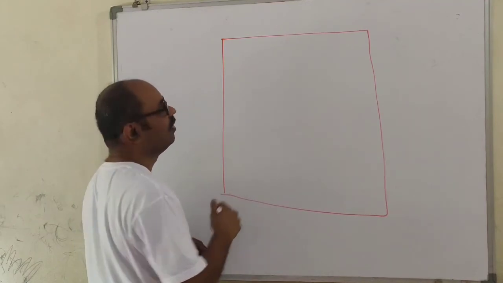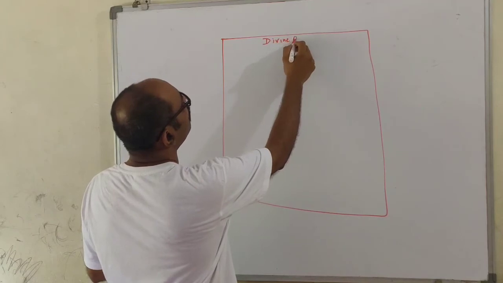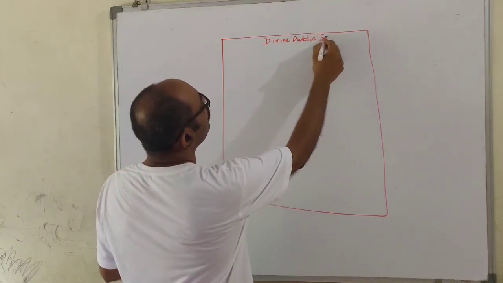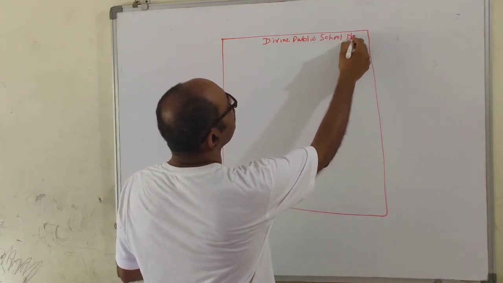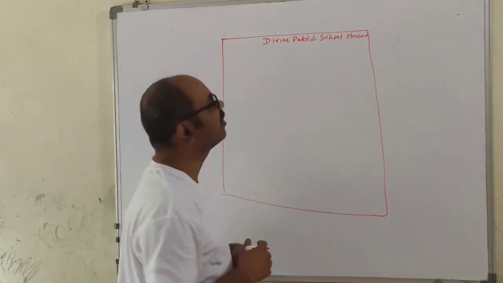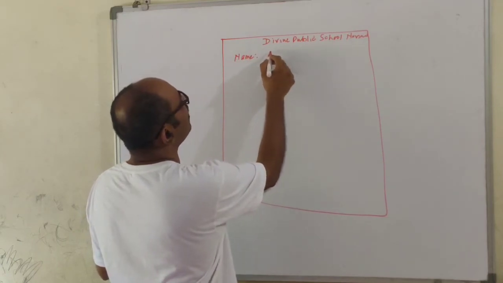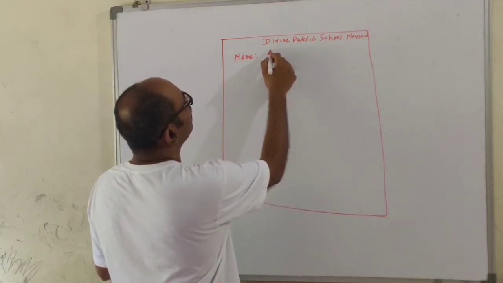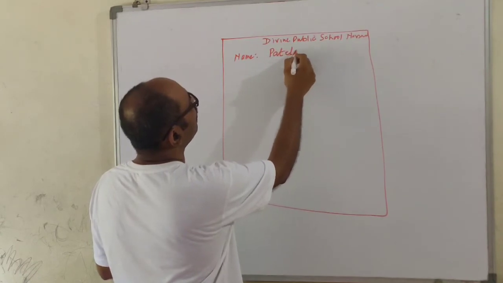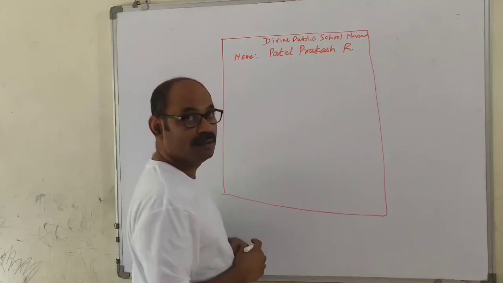So first you write Divine Public School, Navsari. If you are a student of Divine Public School, Navsari, then your complete name has to be written, correct? Patel Prakash R.